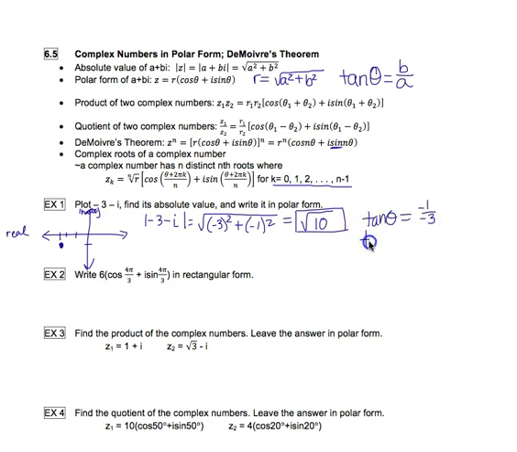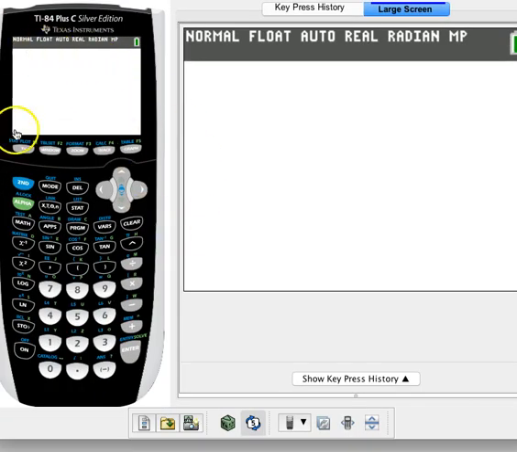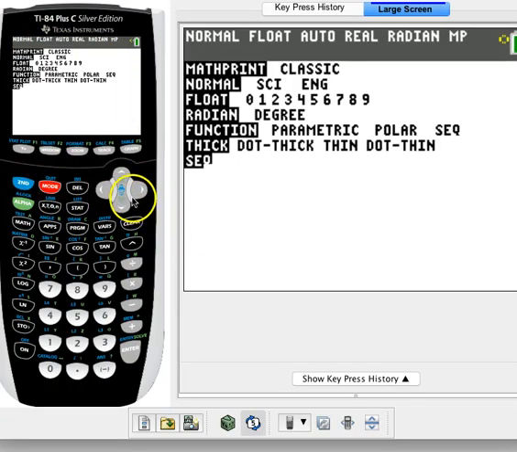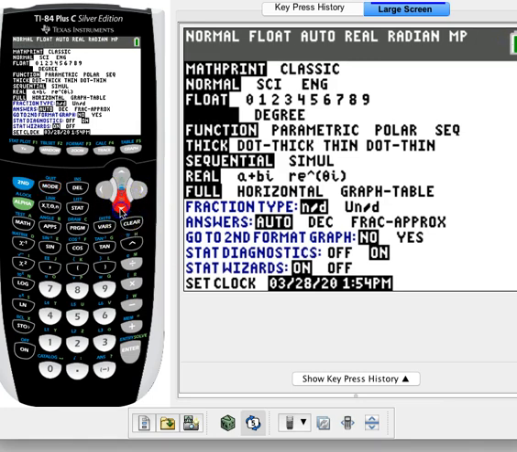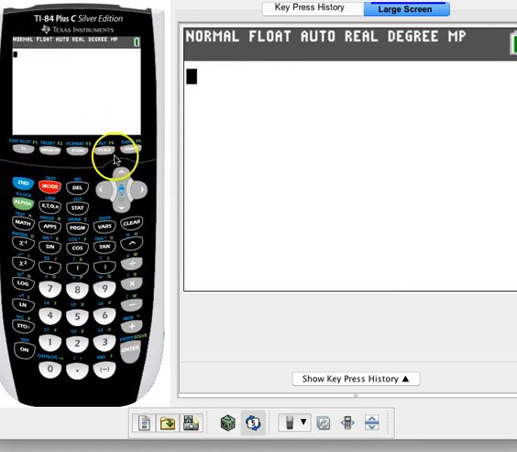So I'm going to do inverse tangent of 1/3 equals my theta. It's really important that you pay attention to what mode you're in here. I'm going to want my answer in degrees because it doesn't specify, so degrees is obviously easier.